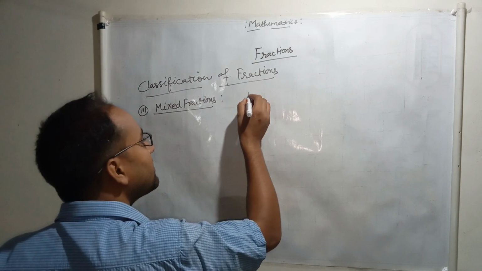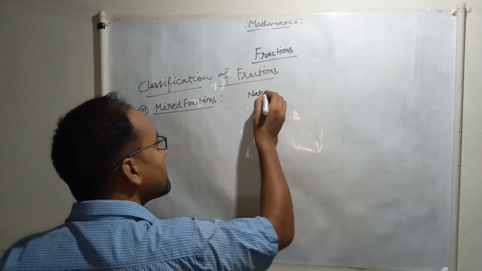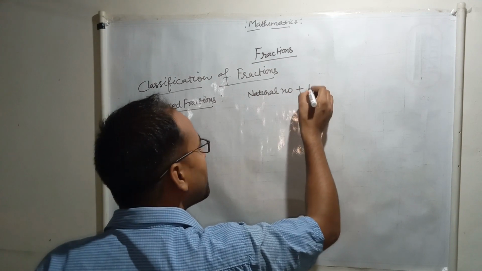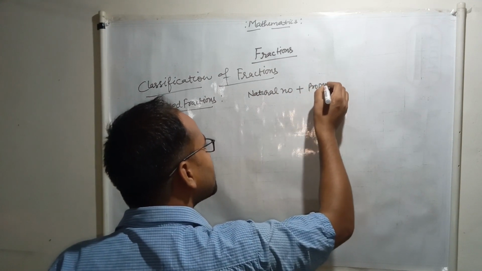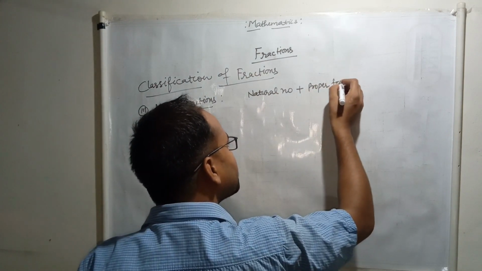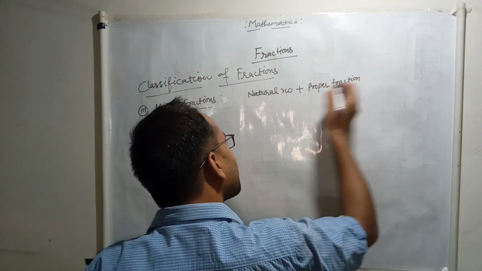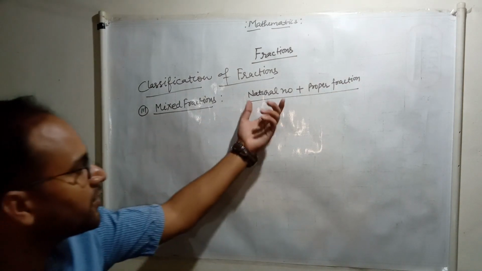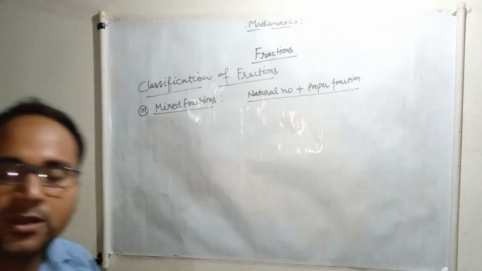Counting number means a natural number plus a proper fraction. It is a combination of a natural number and a proper fraction.